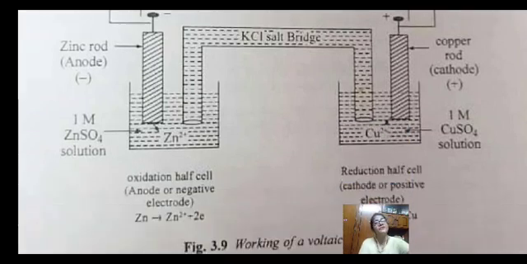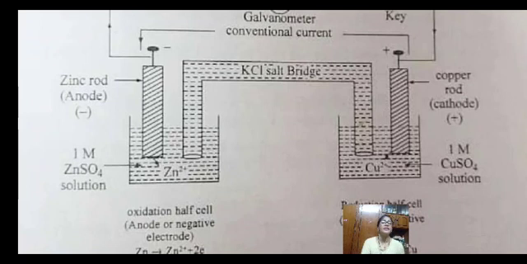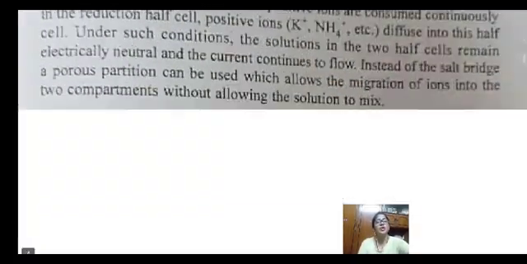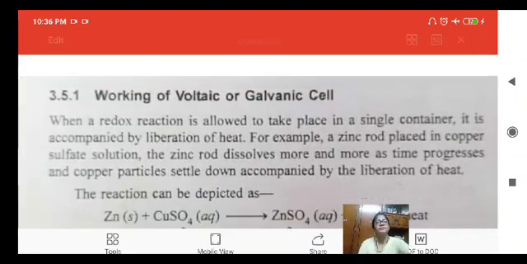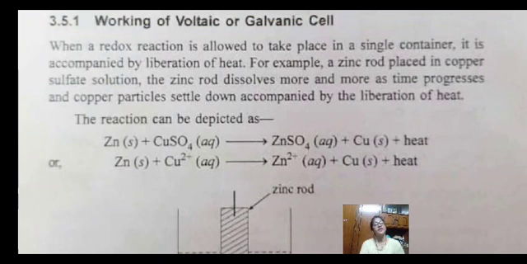Now what is the half cell reaction? These two separate chambers on the left hand side and the right hand side are called half cells, and together they are called the complete galvanic cell. If we consider the half cell reactions, we find Zn releasing 2 electrons getting converted to Zn2+ aqueous 1 molar, and Cu2+ accepting these 2 electrons is transformed to solid copper.